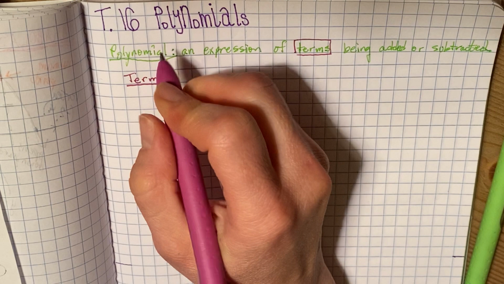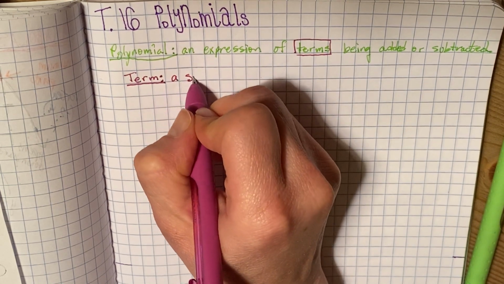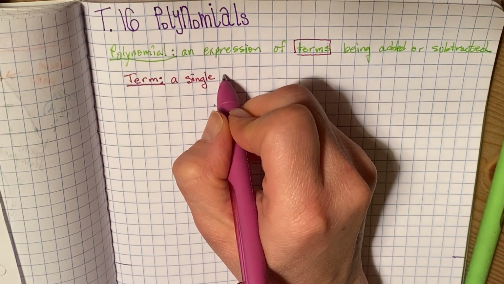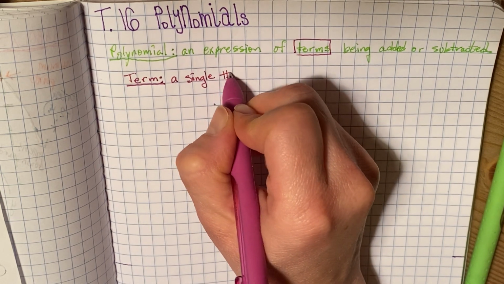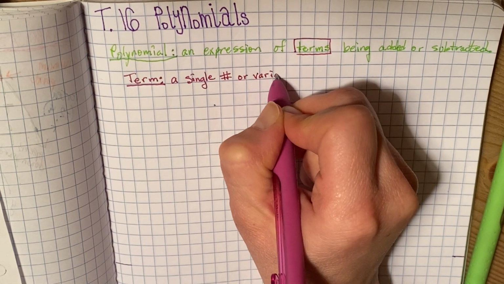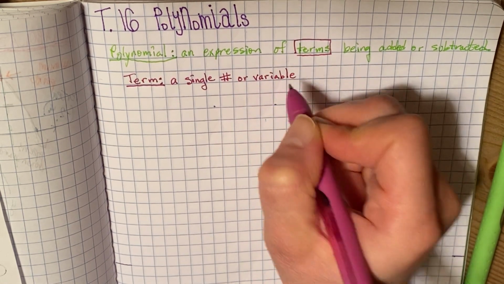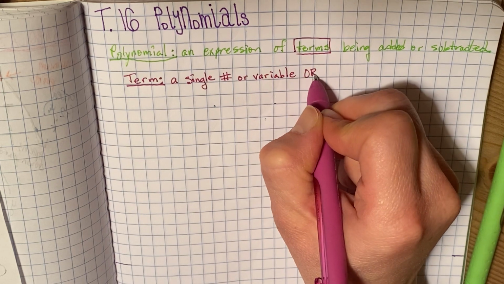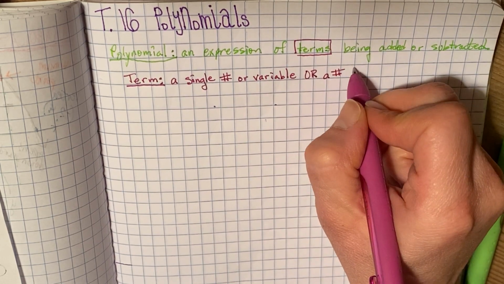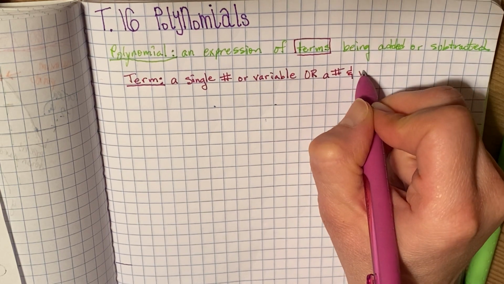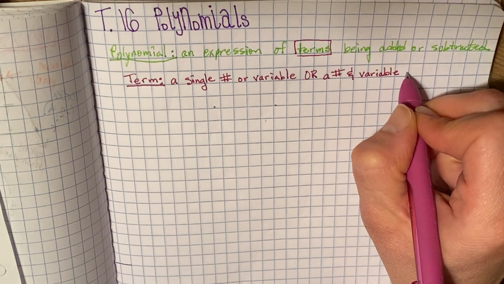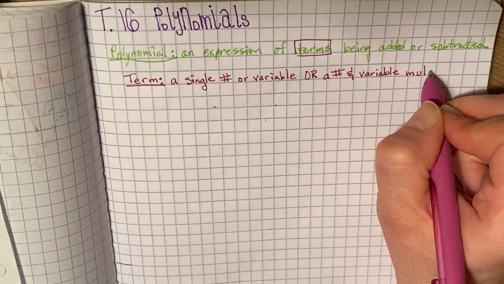Okay, a term is a single number or variable, or a number and variable multiplied.